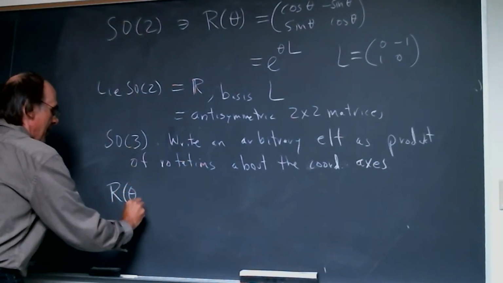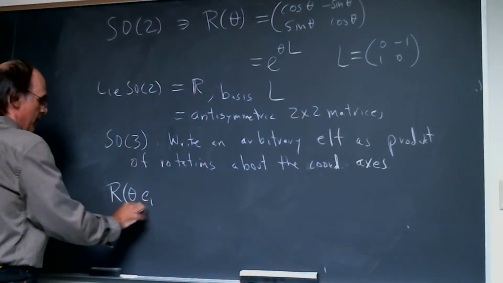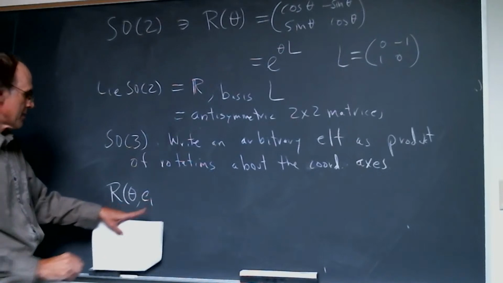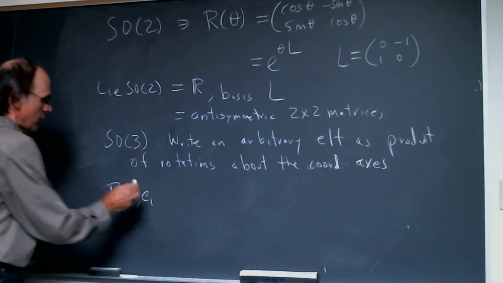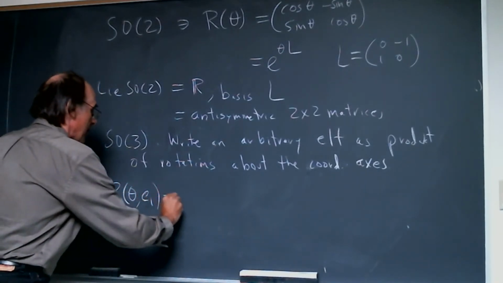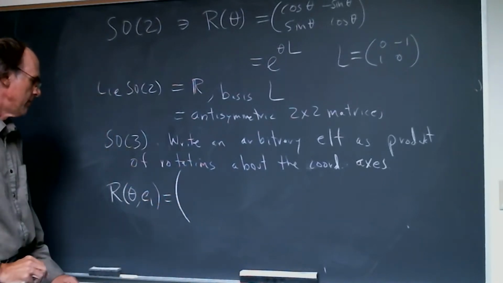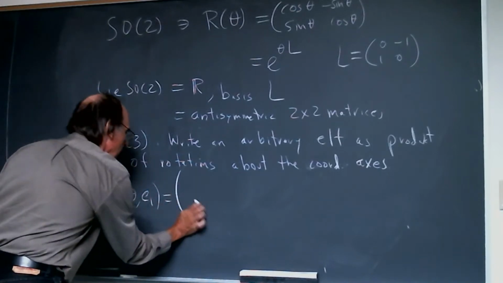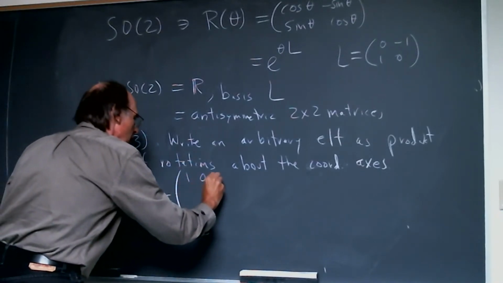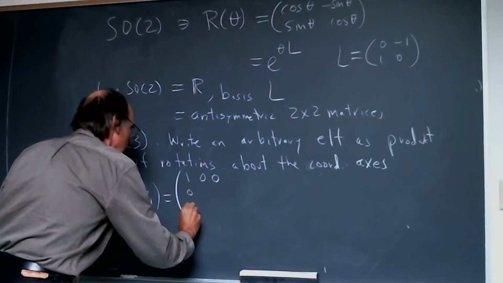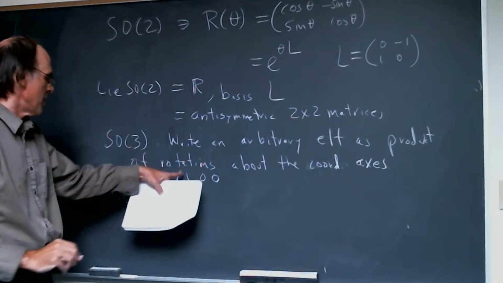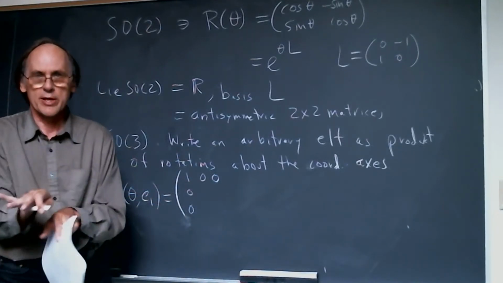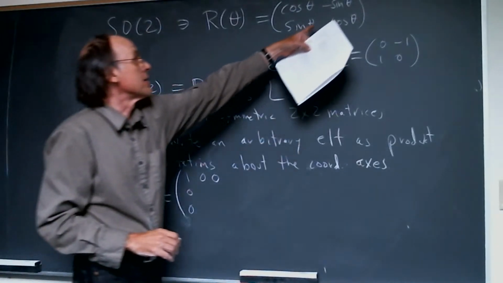So rotating by theta about the unit vector in the x direction is given by, you just take 1, 0, 0, 0, 0. So in terms of the 1 coordinate, you don't do anything. But in terms of the 2 and 3 coordinates, you rotate in the 2-3 plane using this guy.